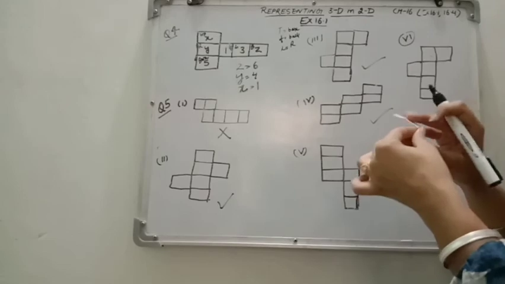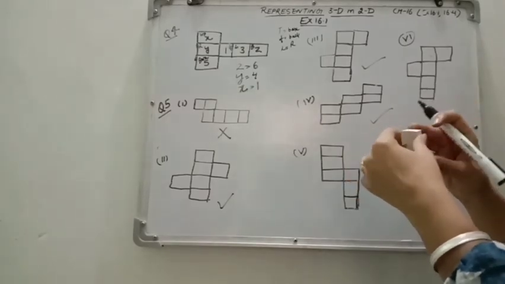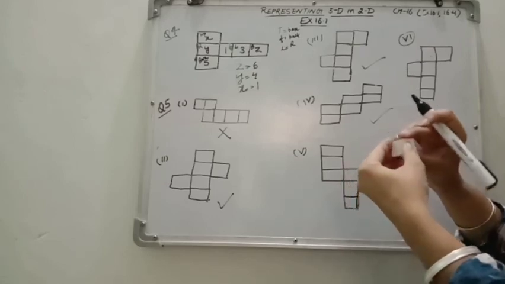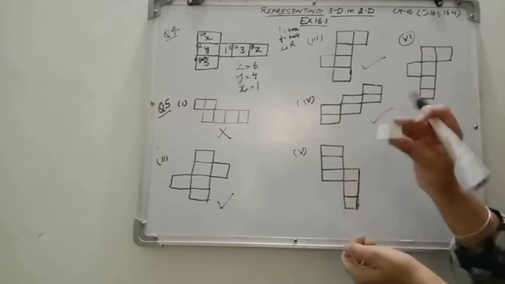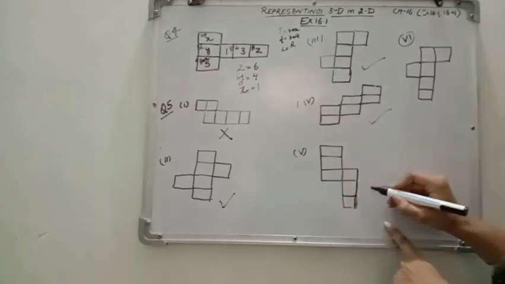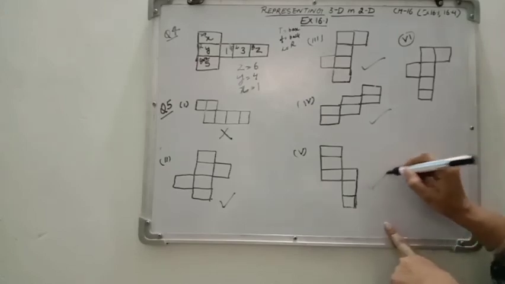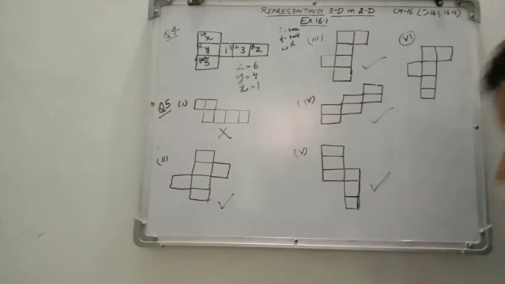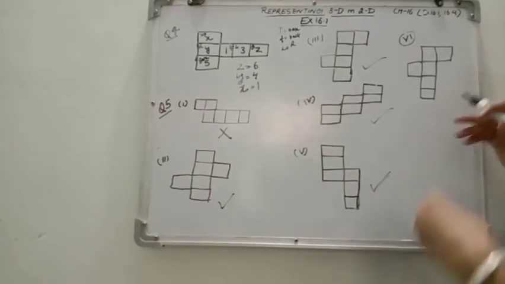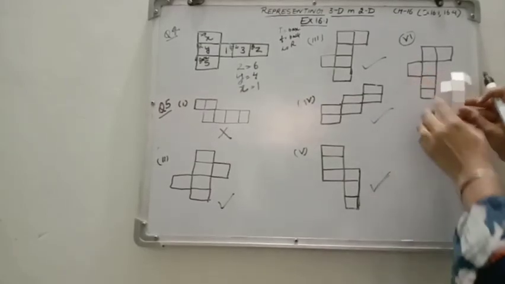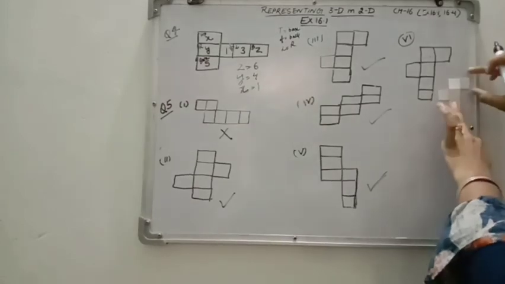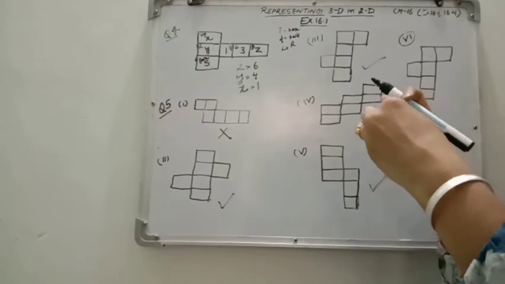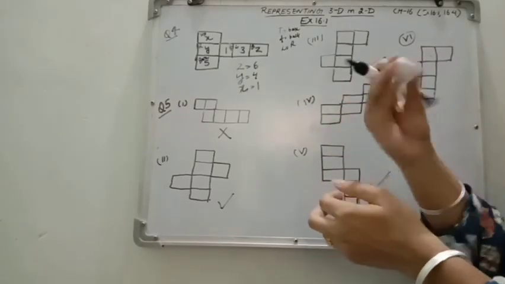If we fold, so yes, it becomes a cube. So its answer is also yes. So last part, this net is given to you. Okay, if we fold it, so yes, it also becomes a cube.